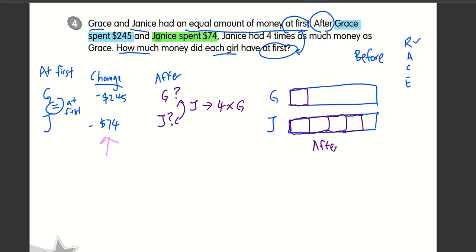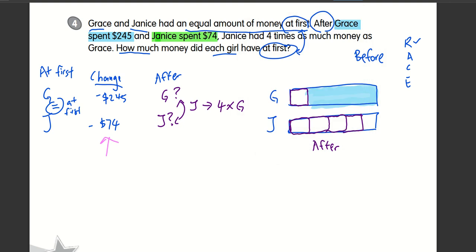So can I say this part is the after? Can you see that? So I have Janice after and Grace after, Janice being 4 units and Grace being 1 unit. Then can you see where the spending is now? Now I can more accurately highlight the portion that was spent by Grace and the portion that was spent by Janice.